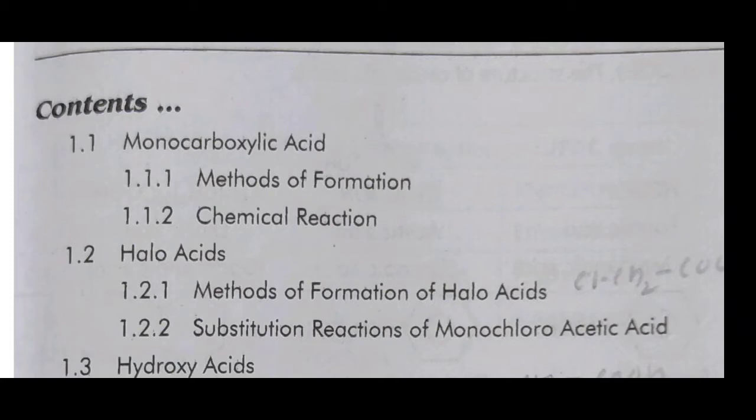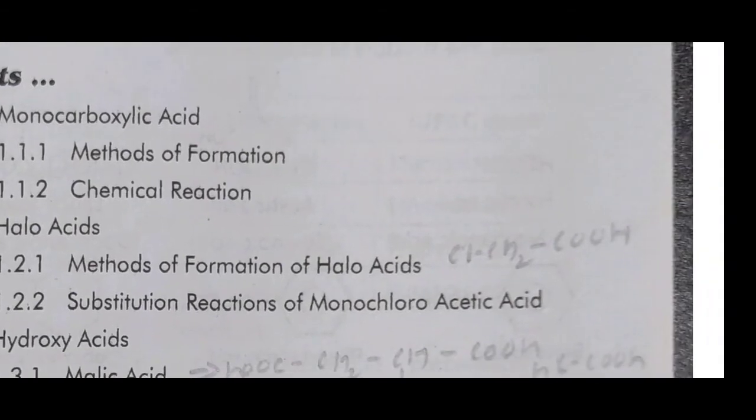In these halo acids we study methods of formation of monochloroacetic acid, dichloroacetic acid and trichloroacetic acid. I am showing the structure here. Monochloroacetic acid is ClCH2COOH. In acetic acid, one hydrogen atom is replaced by one chlorine atom, forming monochloroacetic acid.